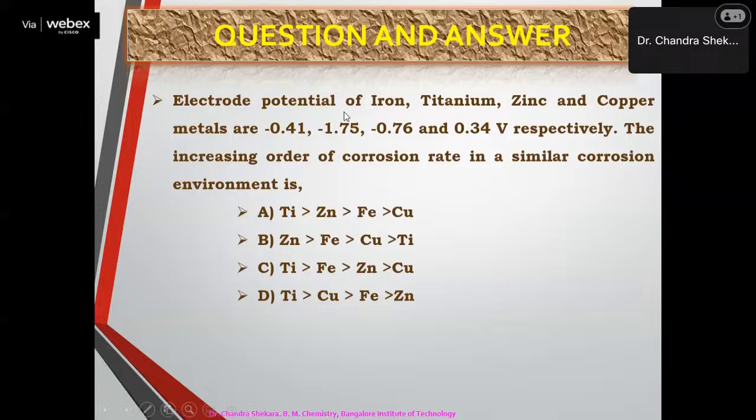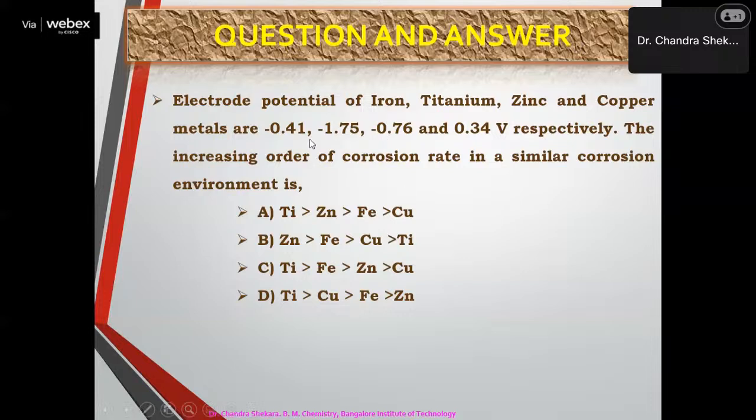The corrosion product layer which is formed over the titanium is a protective layer and it prevents further corrosion of the titanium metal. Therefore, titanium metal, even though it has a potential value of minus 1.75 volts, exhibits least tendency to undergo corrosion.